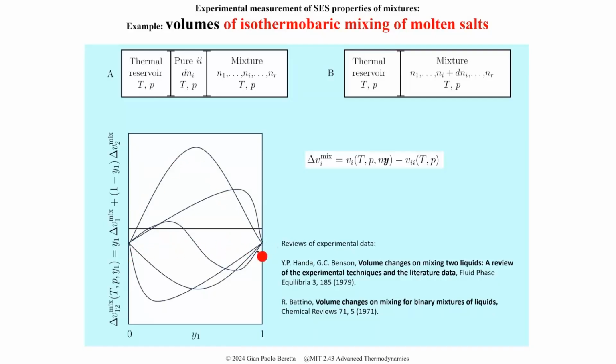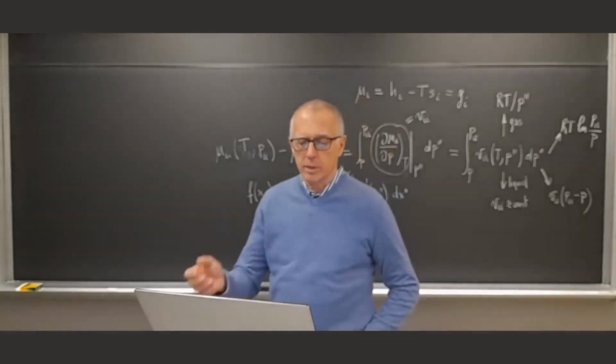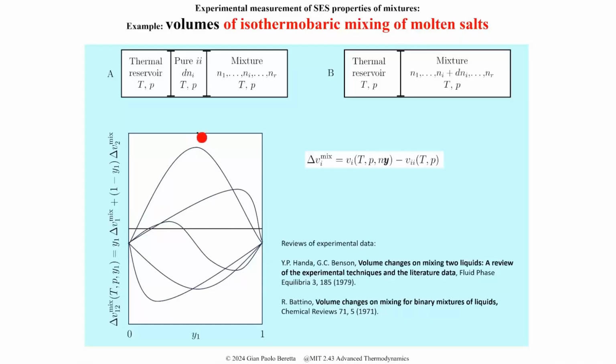And I sketched this just to show that the volume of mixing is not always positive. It can be positive, it can be negative. It can be positive in one range and become negative in the other range, depending on the composition.